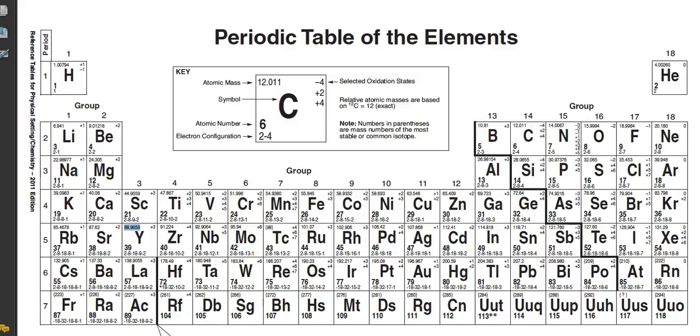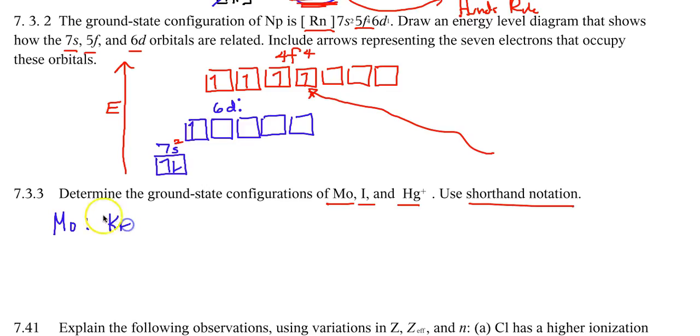Okay, let's do it. So shorthand notated, I got my krypton, my nearest noble gas, then I have my 5s1, and then 4d5. We're going to fill that d and take one from the s because it's got enough protons to pull from the s to the d. Okay, many reasons we talked about.